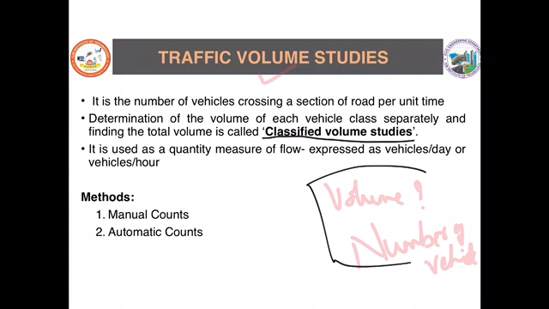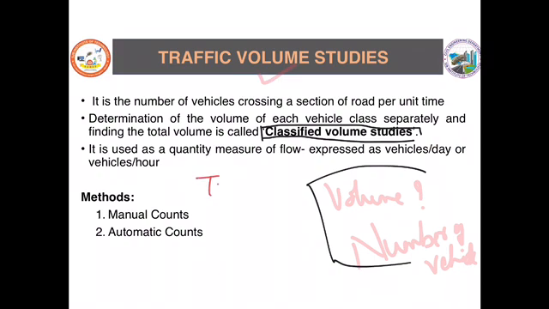So in developing countries like India, where mixed traffic conditions exist, we have to collect the classified volume study. That indicates that you should have details on the number of vehicles under each and every category.